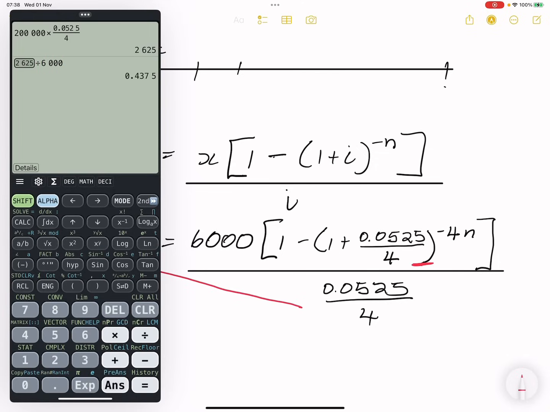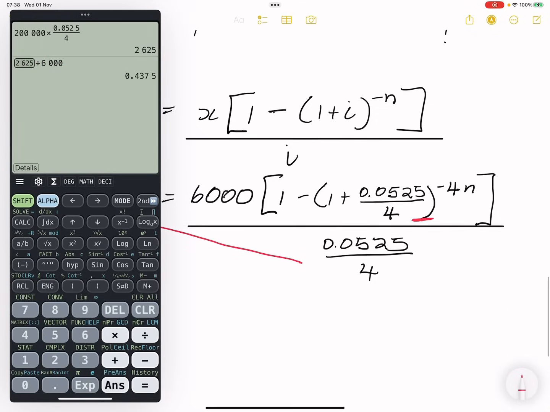Now I want you to imagine that we've got that bracket that is left all on its own. So we've got 1 minus that entire thing, 1 plus 0.0525 all over 4, to the exponent minus 4n.